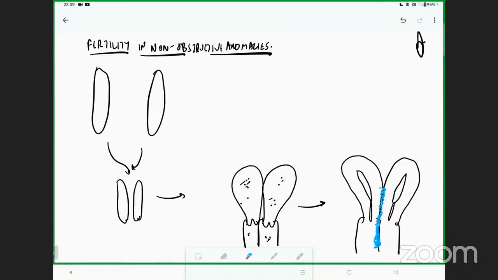So if you look at this in the form of a 3D cylinder, the final picture initially is going to be something like this with a single vagina. And then what typically happens is the musculature here.